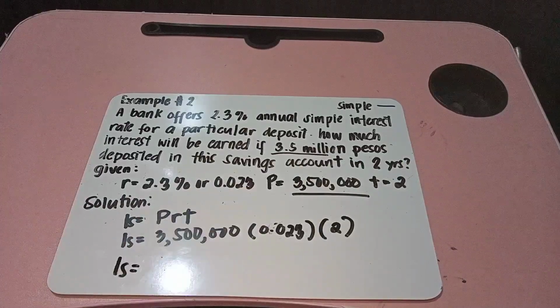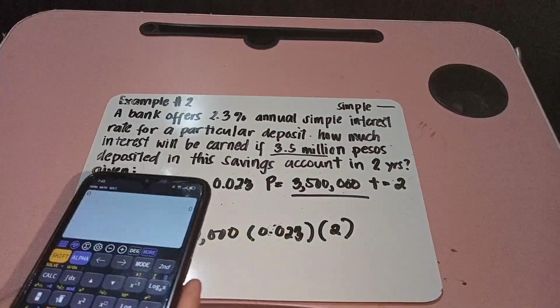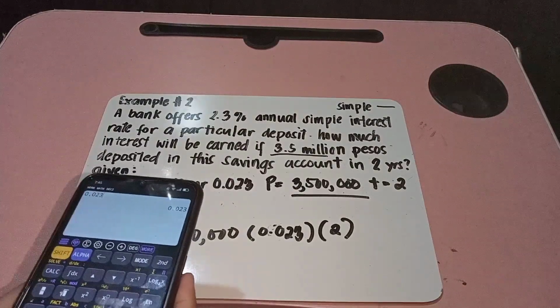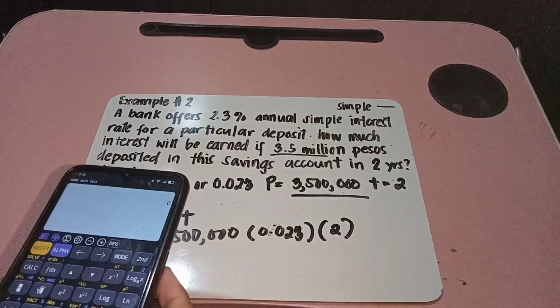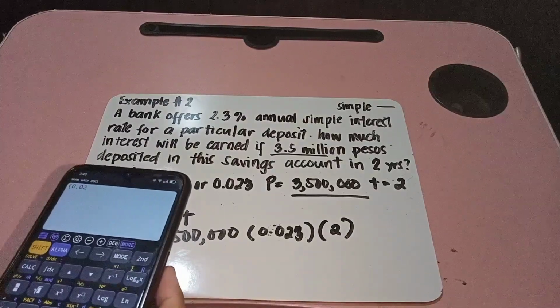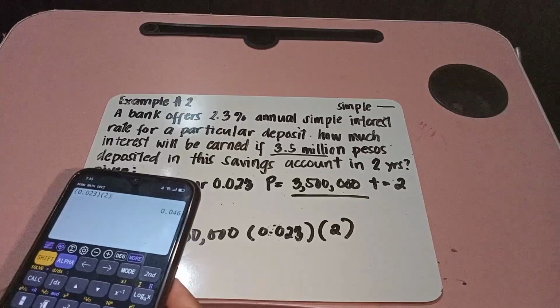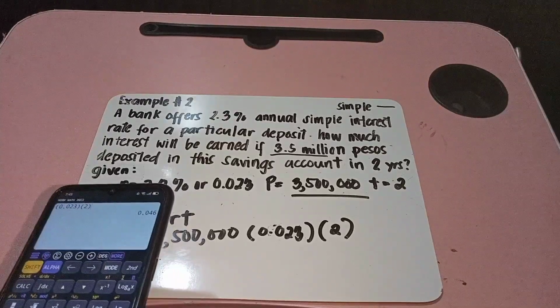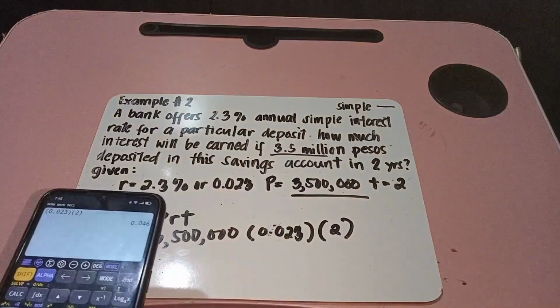So we're going to use a scientific calculator for this one. So, here we have 0.046.